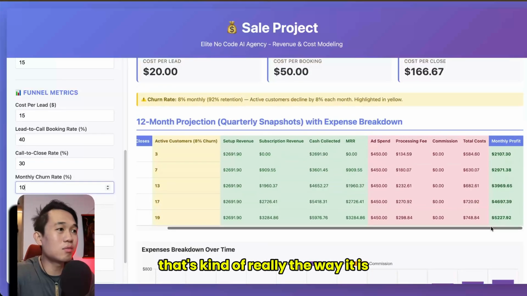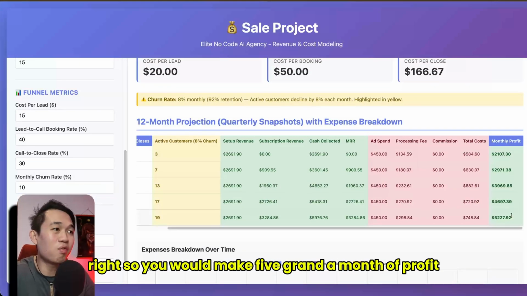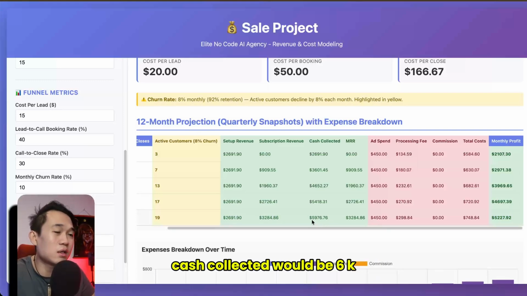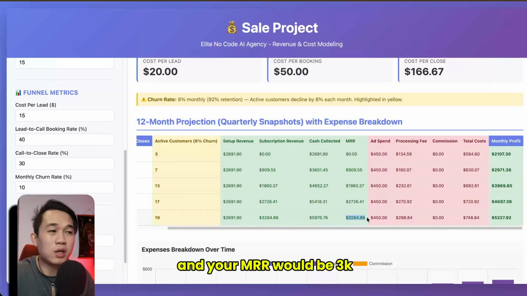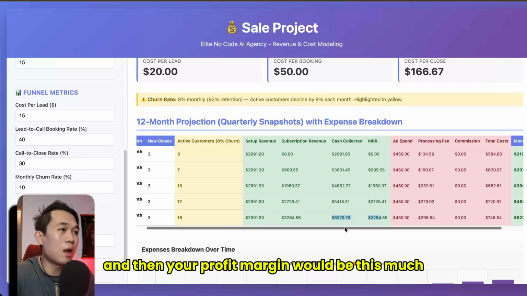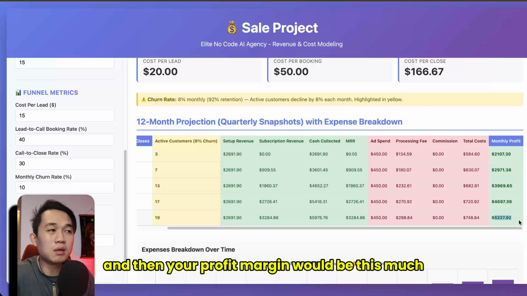That's really the way it is, right? So you would make $5,000 a month of profit, and your cash collected would be 6K, sorry, and your MRR would be 3K. So that's 6 plus 3, around 10K per month, and then your profit margin would be this much.